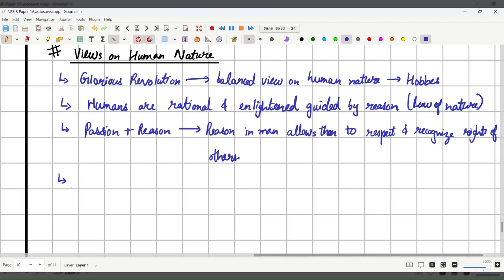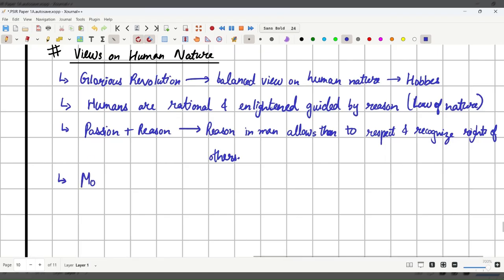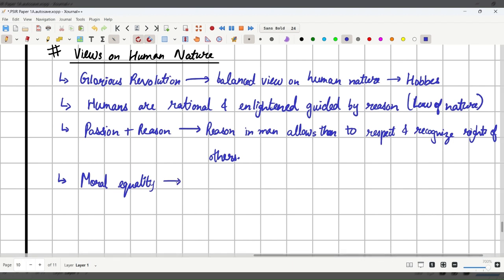Then, moral equality. According to Locke, humans are by nature free, equal, and independent. They possess an inherent sense of morality even before the state exists.